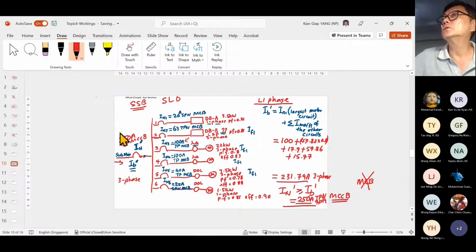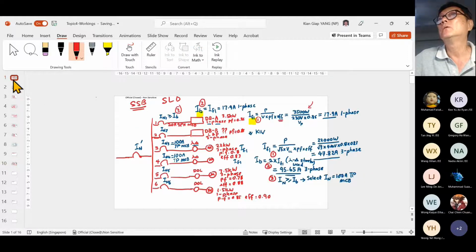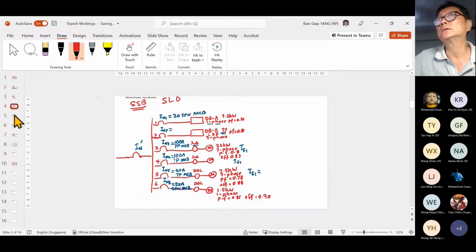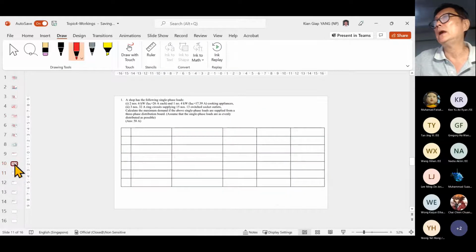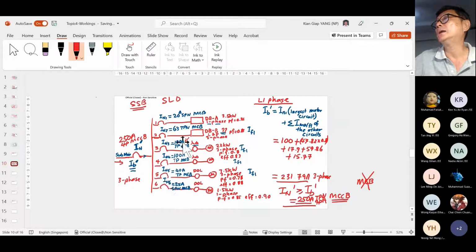Okay, so what I have just shared with you this afternoon is the detailed calculation from the starting point when we first draw out this single line diagram, do all the individual calculations to get all the answers, until I finally get every value. Now I'm ready to draw my single line diagram. Anybody have any question to ask me? Things that I write down, but you don't know why I write them?